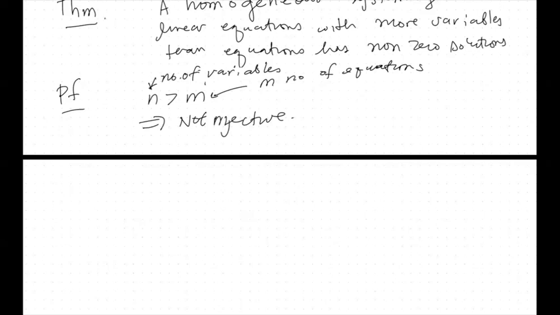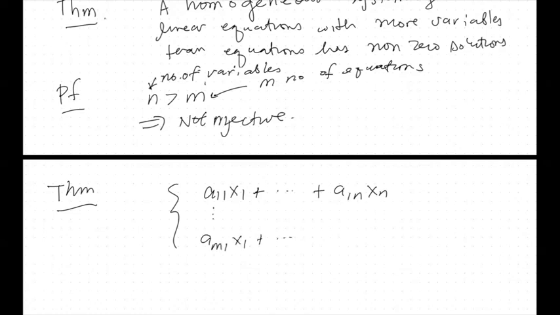And lastly, if you have a_11 x_1 plus ... plus a_1n x_n, and so on down to a_m1 x_1 plus ... plus a_mn x_n, equal to, let's say, b_1 through b_m, we have an inhomogeneous system with more equations.